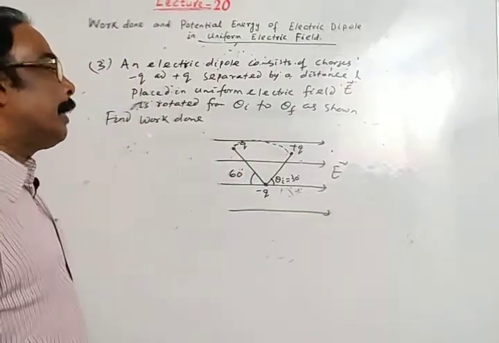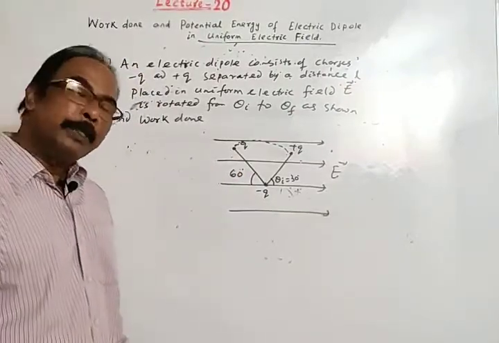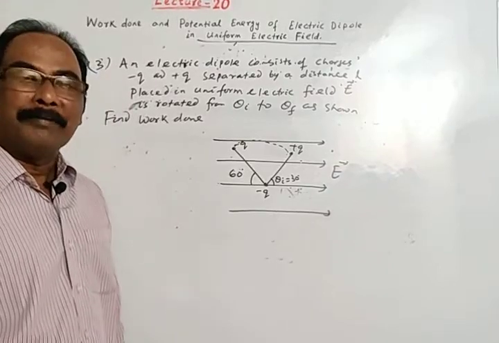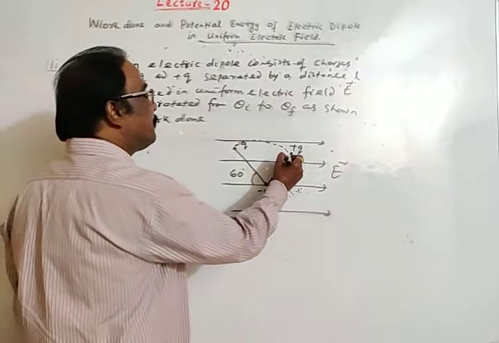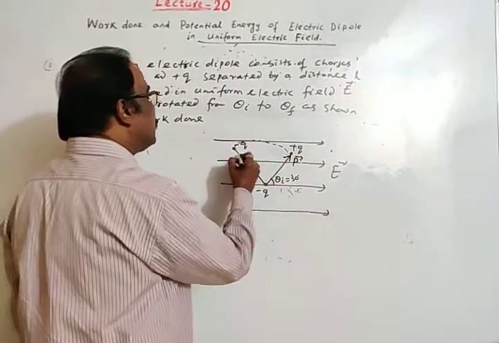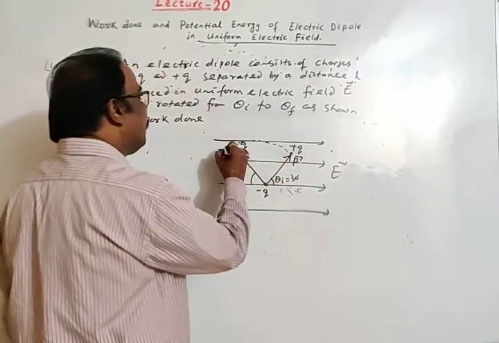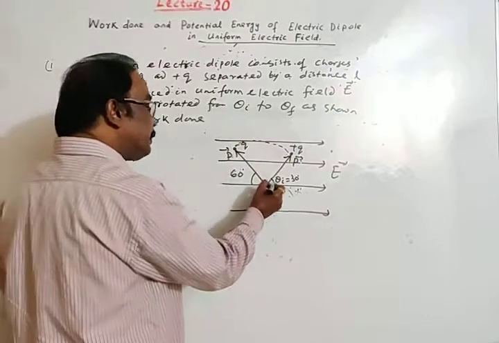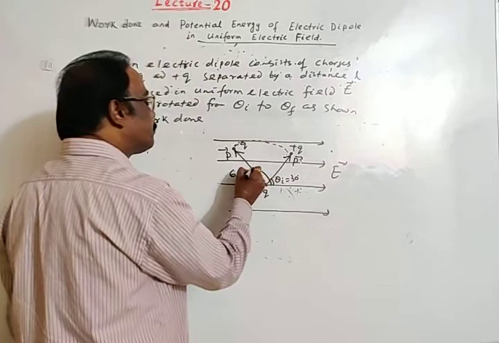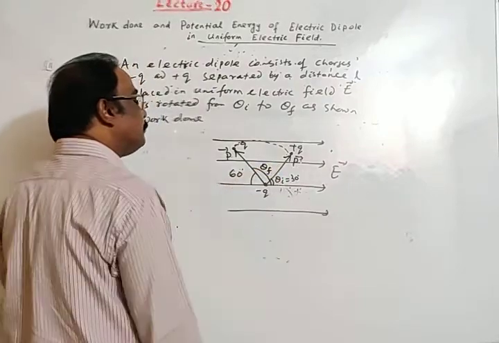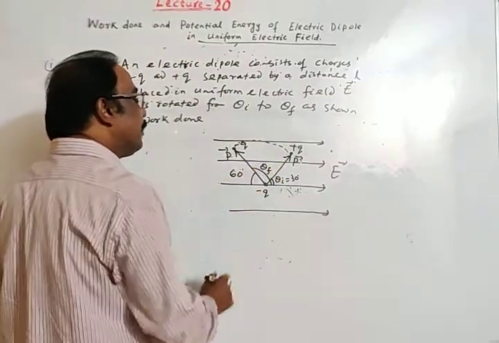Theta final is not mentioned. We have to find theta final, then we have to calculate work done. This is the initial position of the dipole. This is P. This is final position of the dipole. This is P. So if this angle is theta initial, obviously this total angle is theta final.